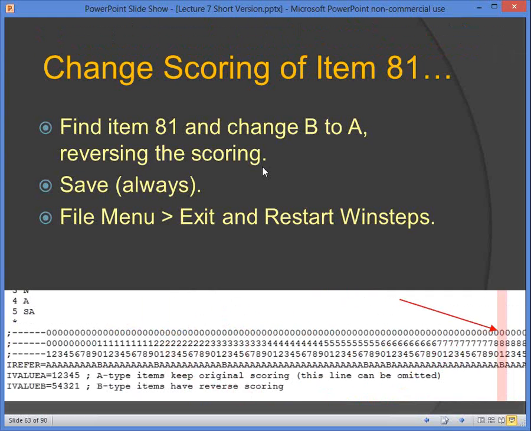So go back to the command file and then scroll down. Change the B to an A, and you've changed the scoring direction of the item.